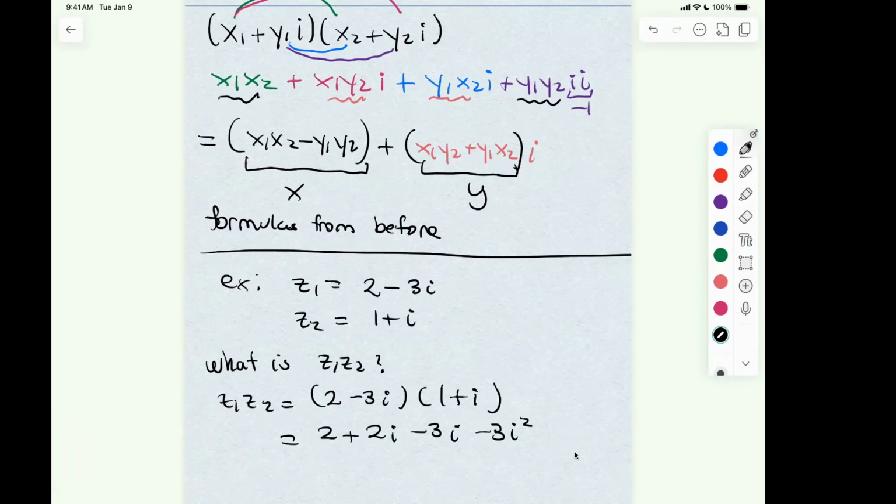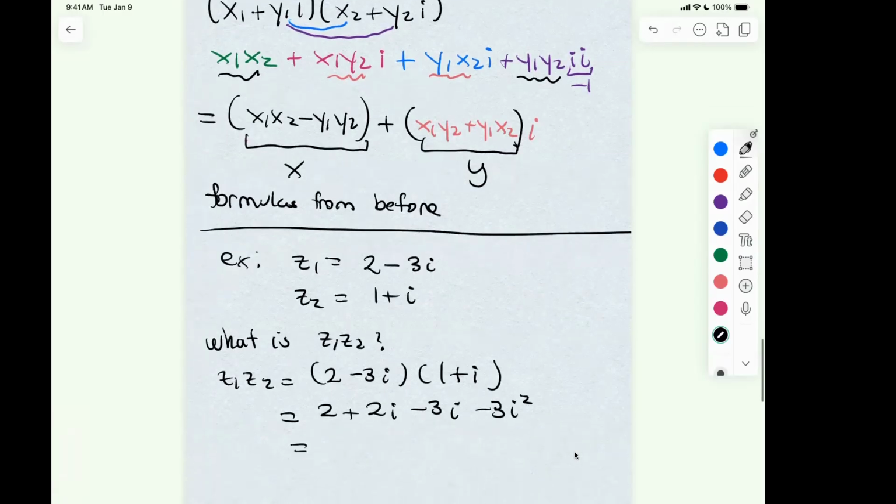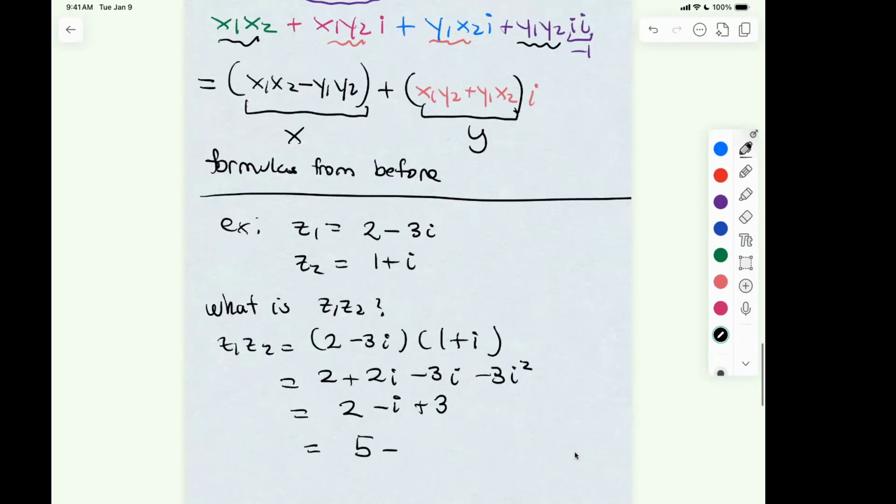And let's just go baby steps. So 2i minus 3i would be -i, and then i squared is -1, so minus minus becomes a plus, so you get plus 3. And so that would be 5 minus i.